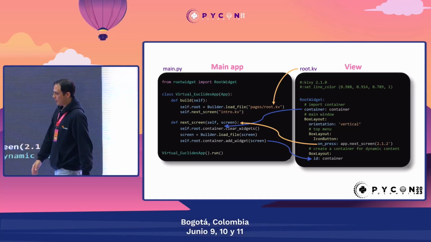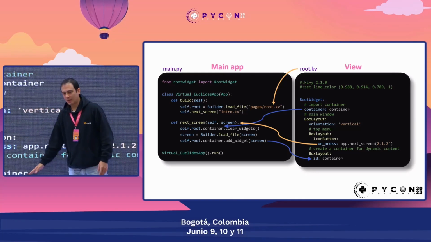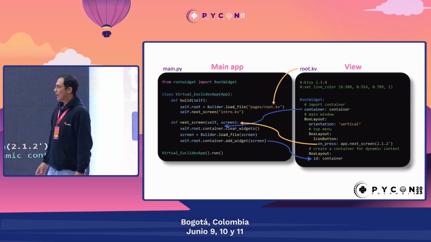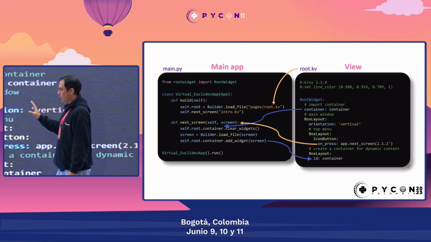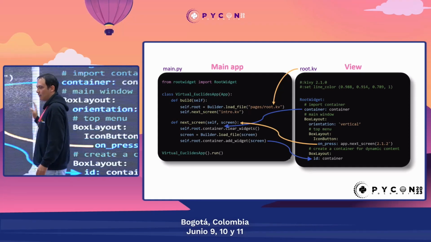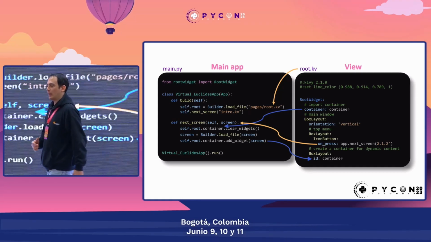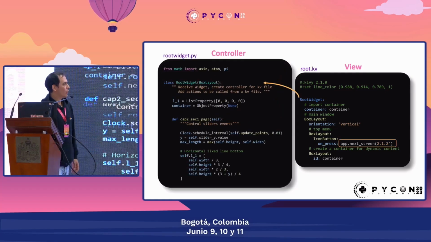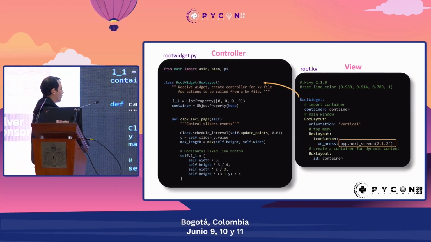Finally, I put here a container to put dynamic content from my Python code. So this is all that we need: a Kivy file describing our interface and a Python code that works as a controller.